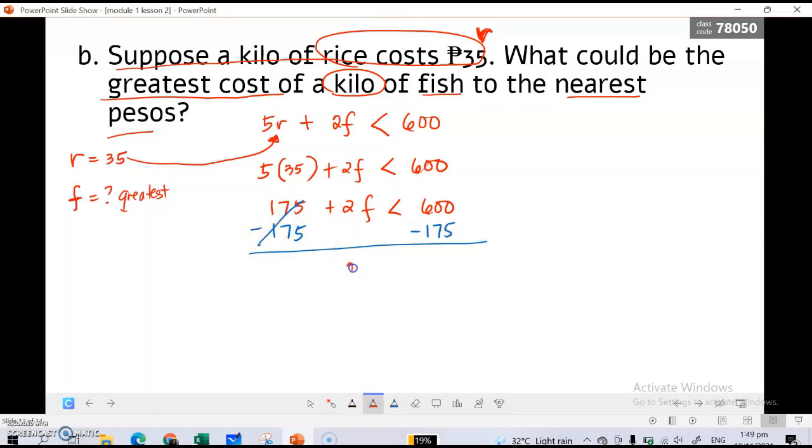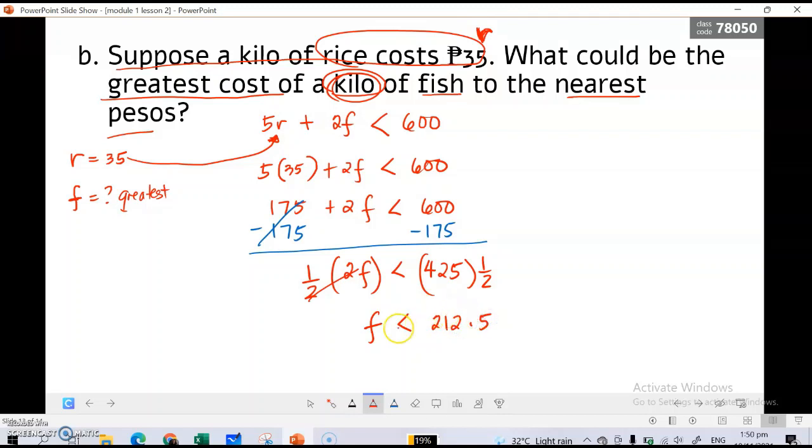So here we would get 2F is less than 425. So ngayon, dahil a kilo lang naman, ito 2 kilos to, 2F, 2 kilos. So hatiin natin yan, kasi 1 kilo lang. That would give us F is less than 425 divided by 2. Half of 425, that's 212.5.